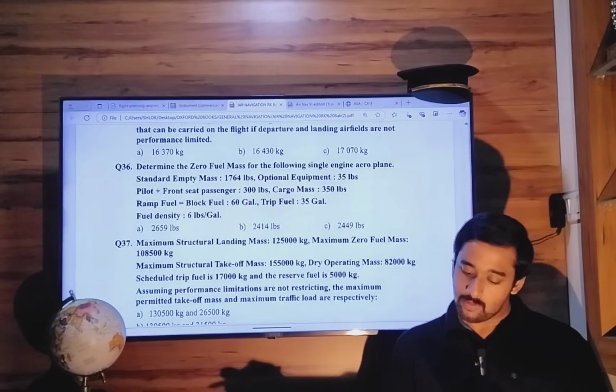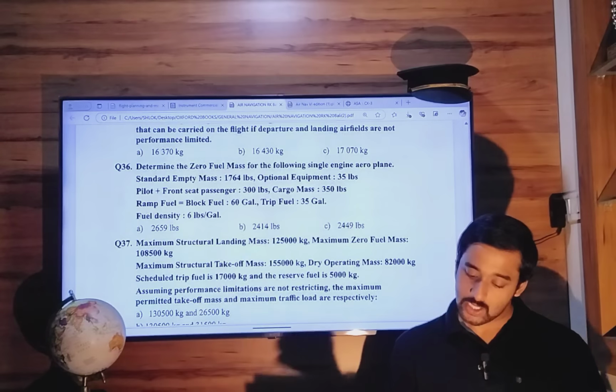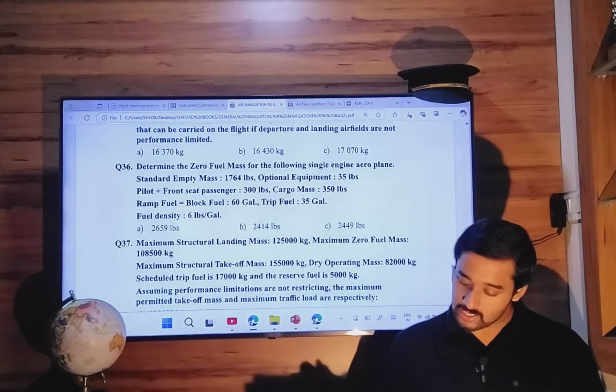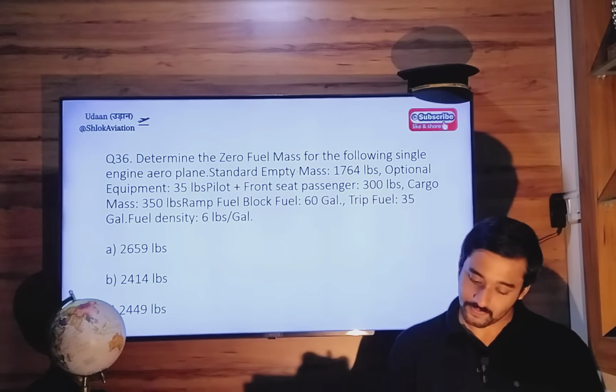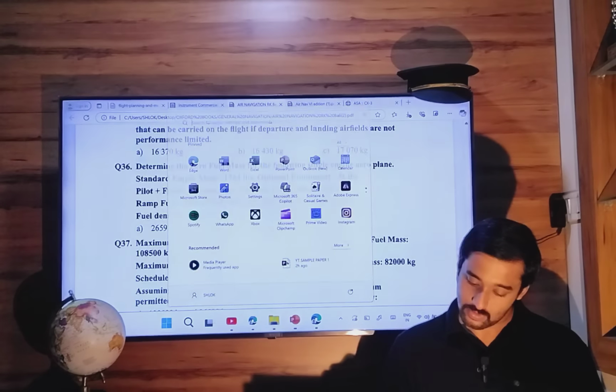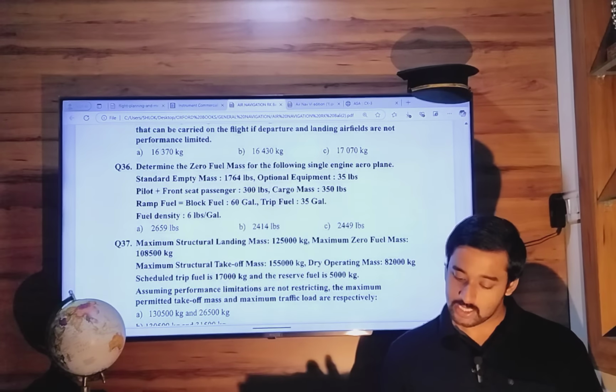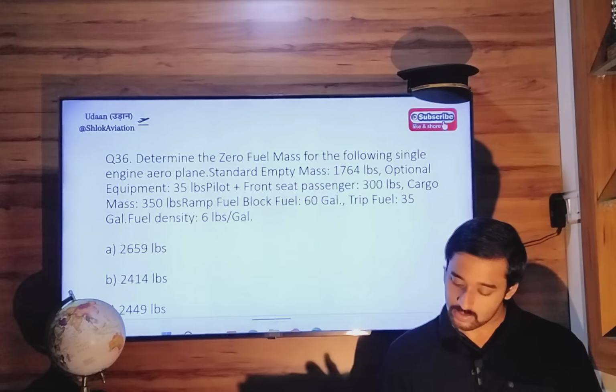Okay, standard empty mass, that is basic empty mass, is 1,764 pounds. Optional equipment is 35 pounds. Pilot plus front seat passenger is 300 pounds.